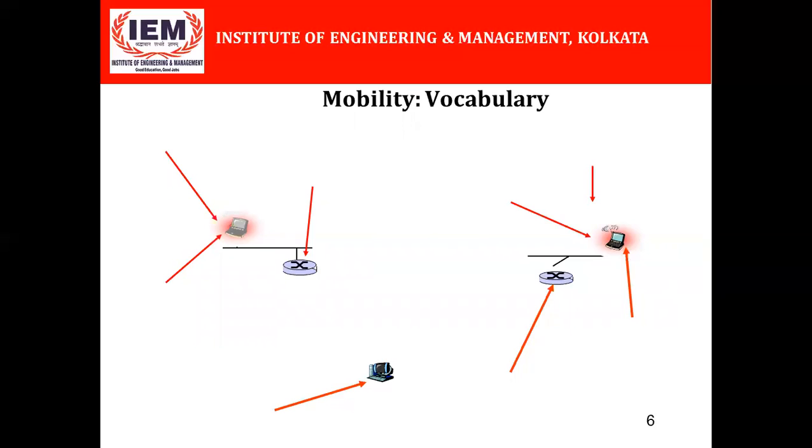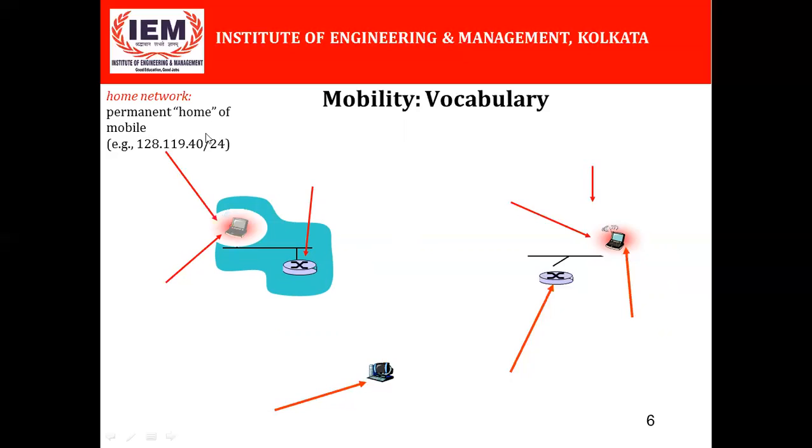That's why I have shown this particular figure. It is also something I can say is the vocabulary of our mobile IP. Now I have drawn one network here. First thing, home network, the permanent home of the mobile node.